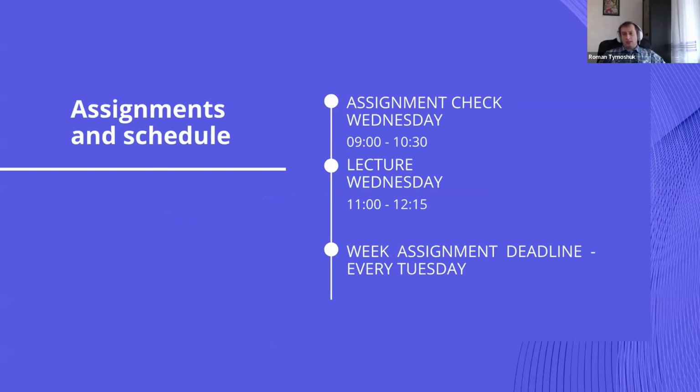And our typical schedule: we will be meeting on Wednesday mornings, starting at 9 a.m., and we finish all of our activities approximately at noon. We decided to start the course with assignment check first. It's the morning hours.